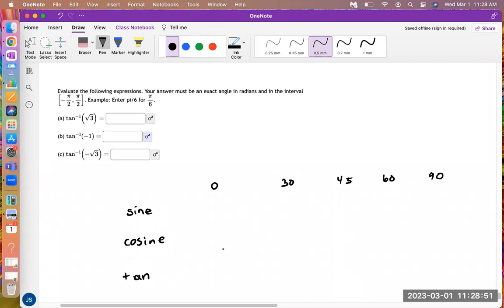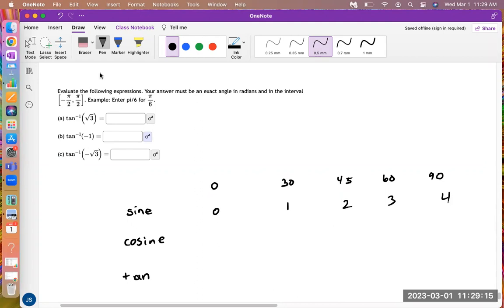And actually, this is really not that hard to memorize, because at any time during a test, I'm going to show you in a second how to fill this out very quickly. So the way it works is with sine, you just start with 0. First of all, you just go 0, 1, 2, 3, 4.